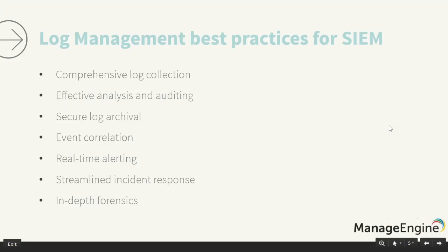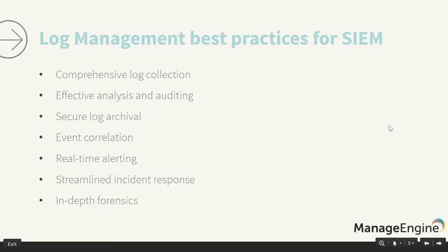We're going to be looking at 7 very important aspects that a SIEM solution must do for you, starting with log collection, analysis and auditing of the logs, archival of the logs, secure archival, event correlation, real-time alerts, streamlined incident response, and in-depth forensic analysis. These are the 7 areas that a SIEM solution, broadly speaking, covers.